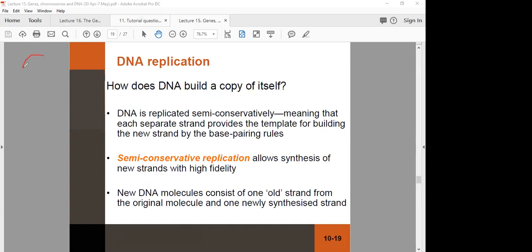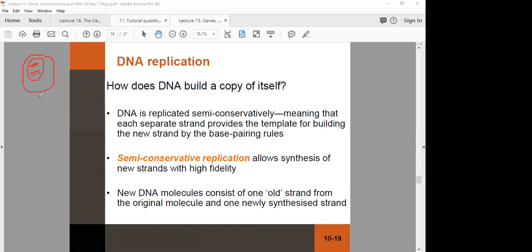Let's consider a single cell, and I'm going to draw a very large nucleus, and here we have a chromosome. That's 2 strands of DNA, and another chromosome, 2 strands of DNA again.